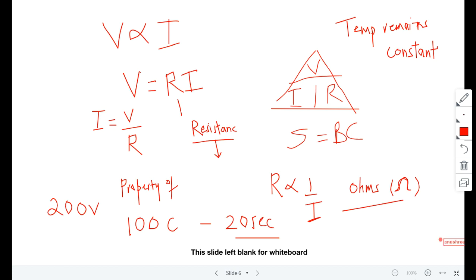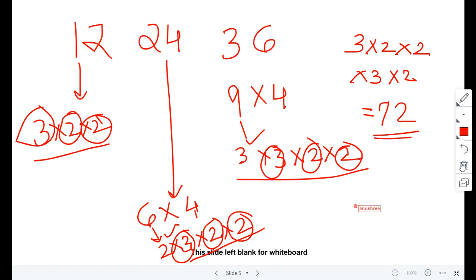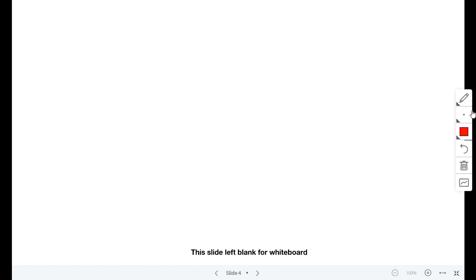Okay, now after this, let me see how to plot the graph. I'm plotting a graph of Ohm's law.